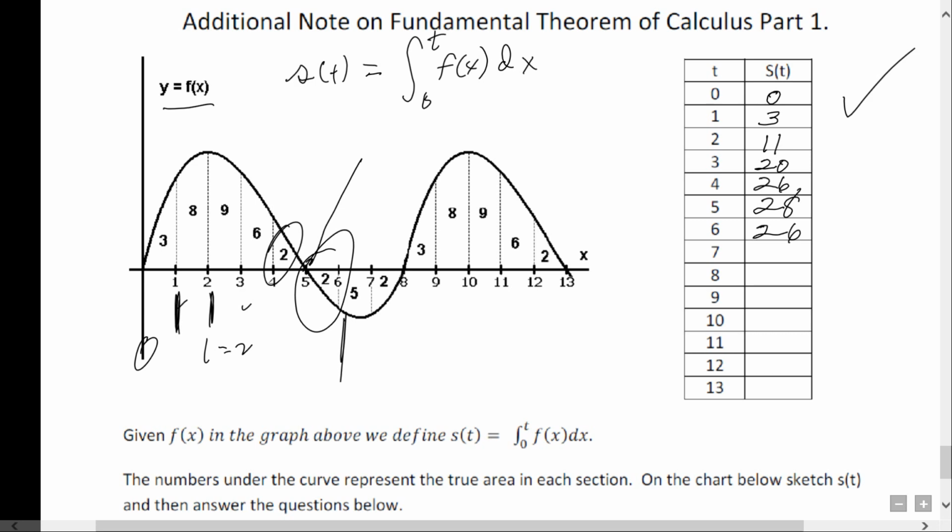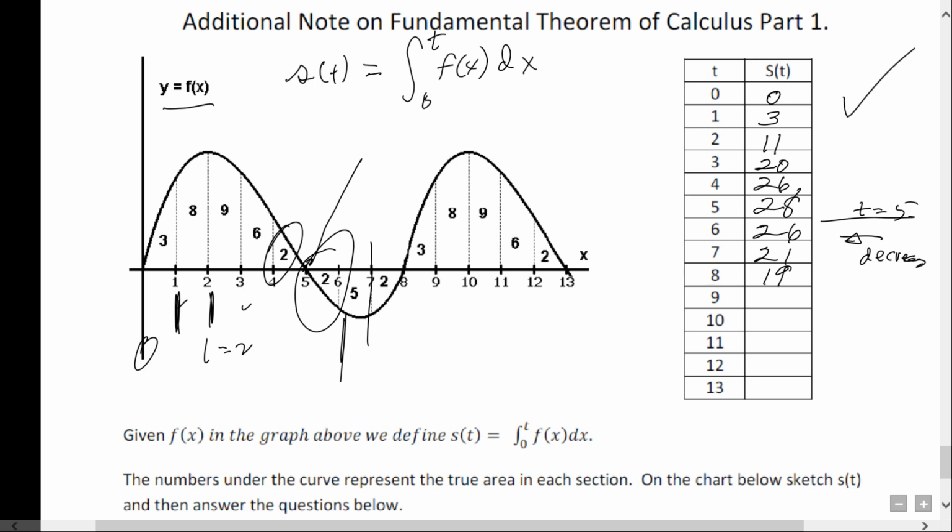Notice that now s of t increased all the way up to t equal 5 and begins to decrease when the function goes below the x-axis. Now, if we go to t equal to 7, we subtract another 5 and we get 21. If we go to t equal 8, we subtract another 2 and we got 19.